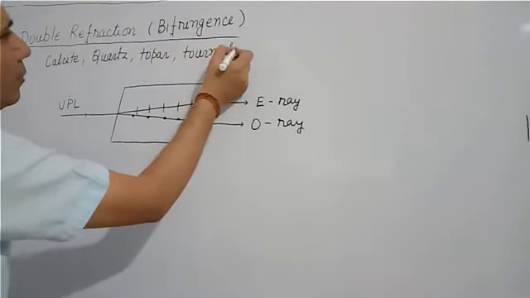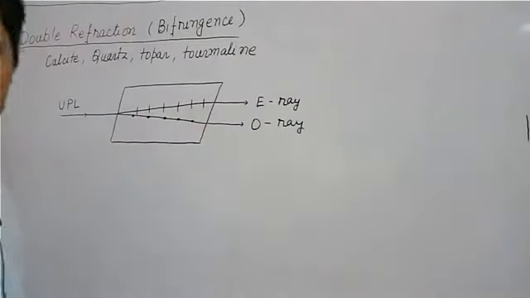These are the common examples of doubly refracting mediums.